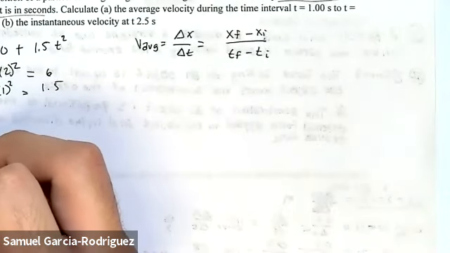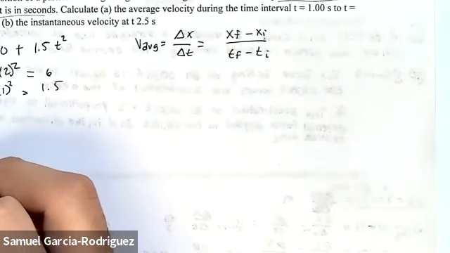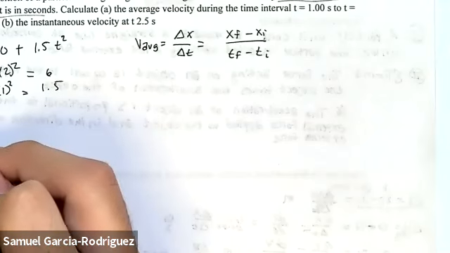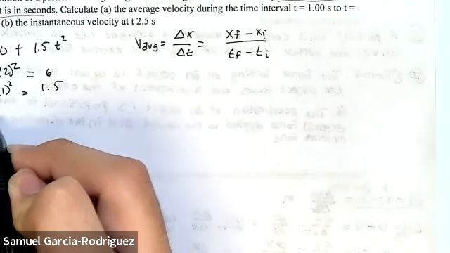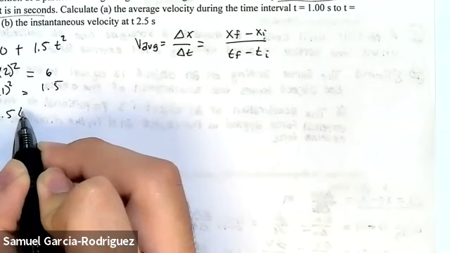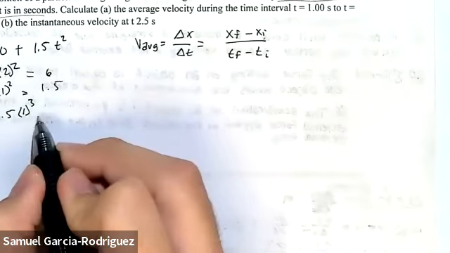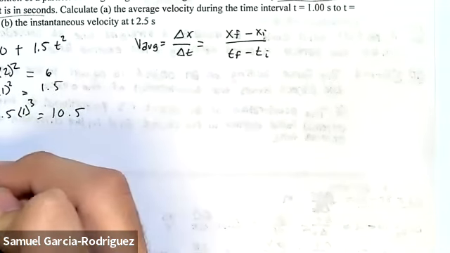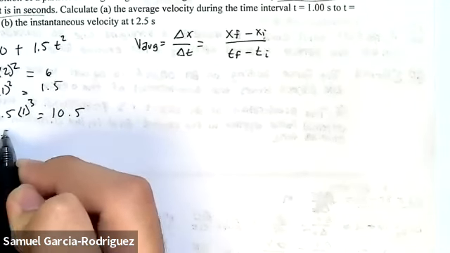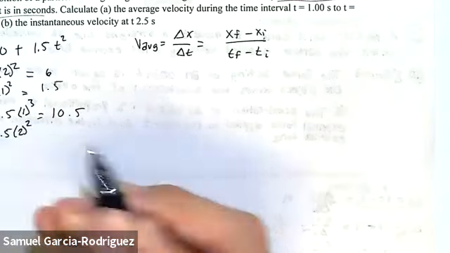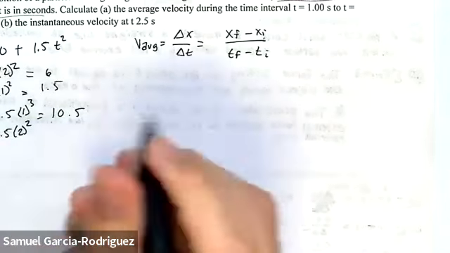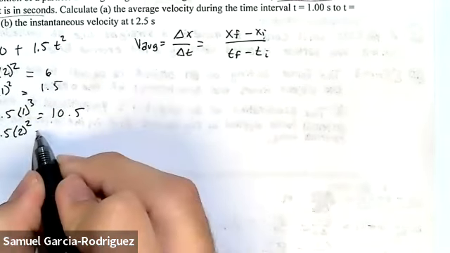So x1, x2 equals, that can be 10 plus 0.5 times 1 cubed. 1, that's 0.5, that's going to be 10.5. 10 plus 0.5 times 2 cubed. 2 times 2 is 4, times 2 is 8. 8 times 0.5 is 4, that's 14.